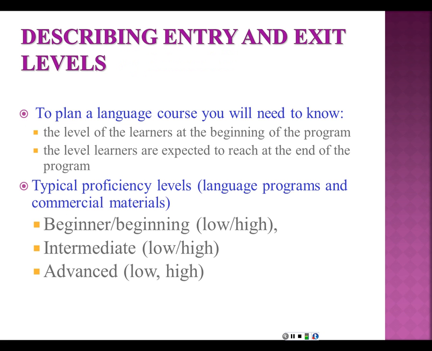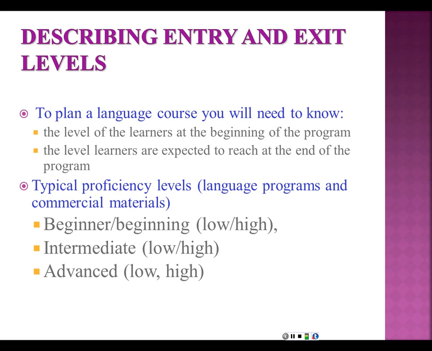Okay, in order to assess the learner, we need to figure out where they start and where they're planning to exit. So we need to have entry levels and exit levels. So to plan a language course, you will need to know the level of the learner at the beginning, the level that the learners are expected to reach by the end of the program, depending on how long your program is, and that is within your parameters.